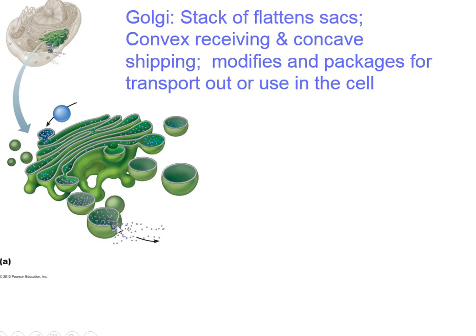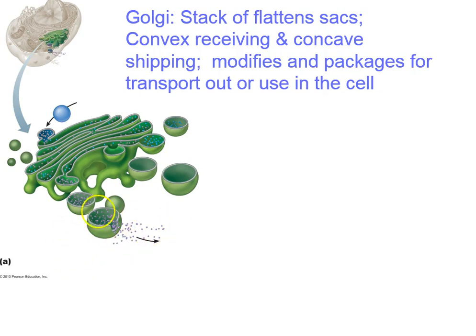So this is the Golgi complex, or the Golgi apparatus. It's a stack of flattened sacs, the convex receiving side and the concave shipping side. What it does is modify and package substances for either transport out of the cell or use in the cell.